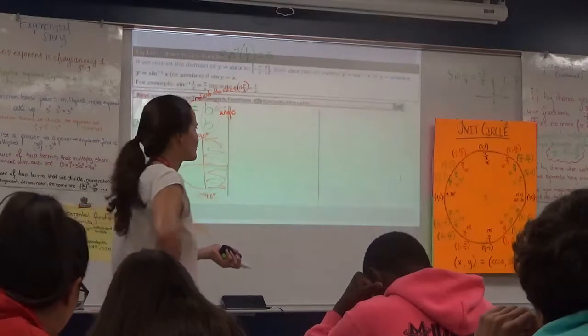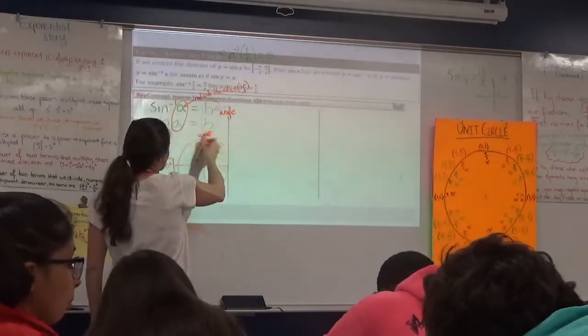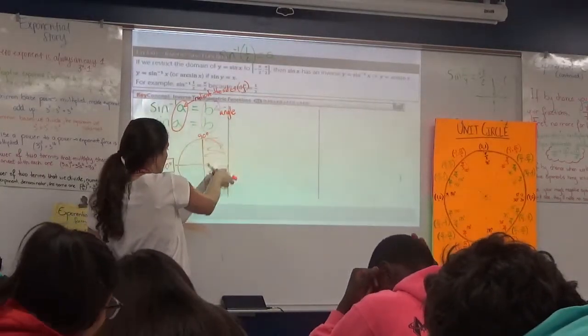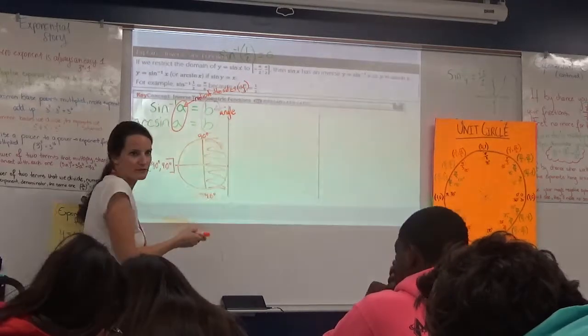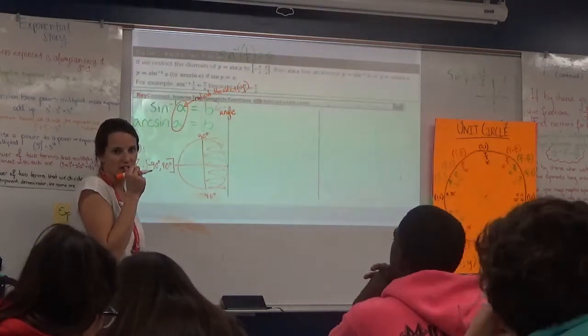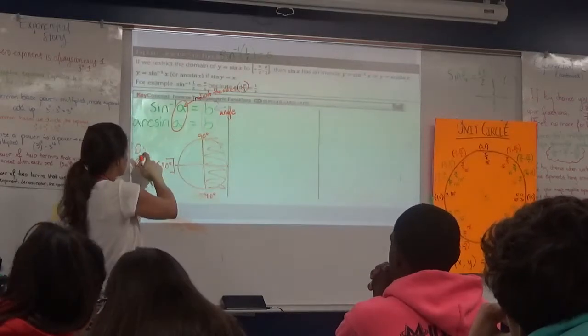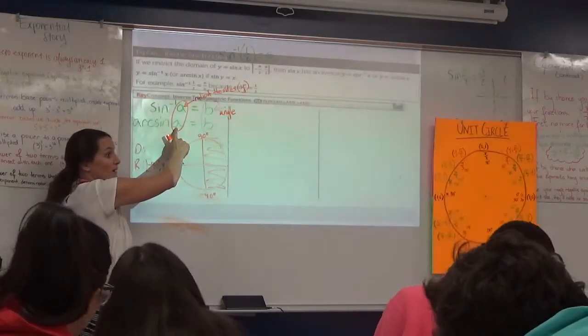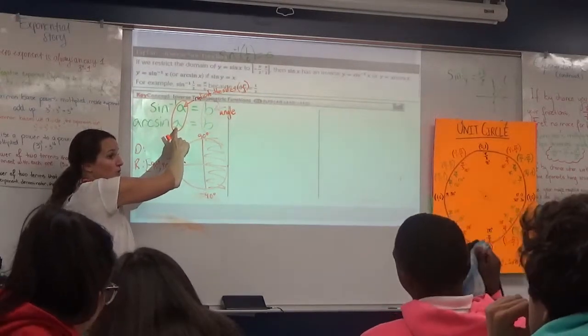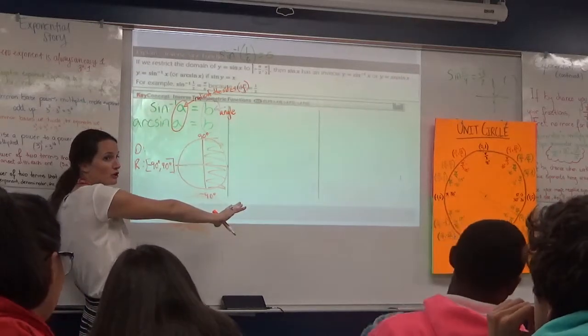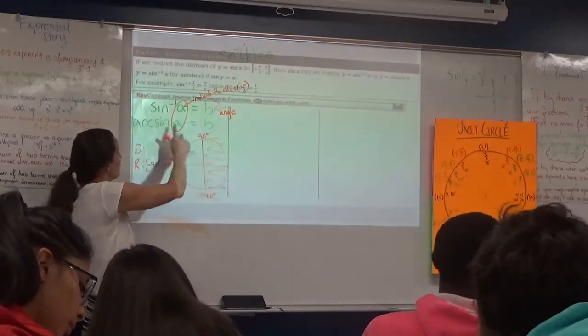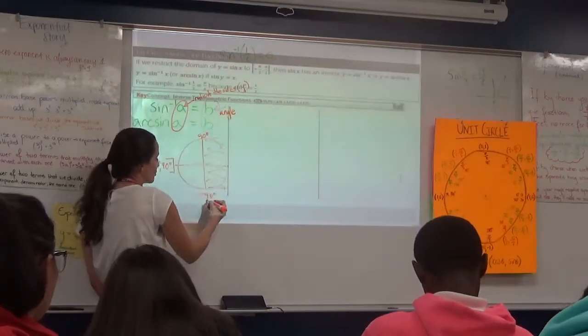To get to, for example, 315, I would have to go into the bad zone. So for 315, I'm going to call it negative 45 degrees, 45 degrees down. For our range, for our domain, that's coming from A, which if we think about our unit circle, A is our different sine, our different y values.